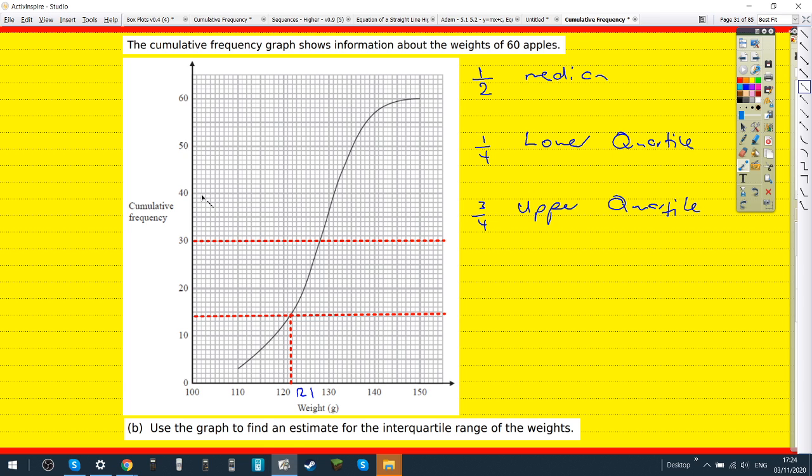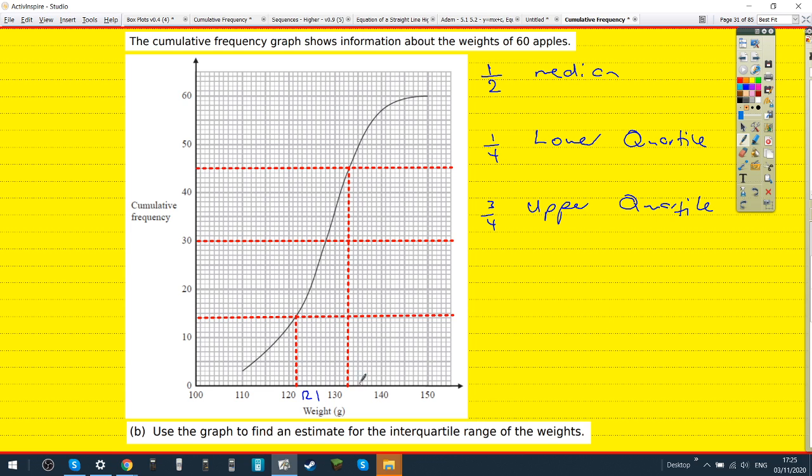Yeah. So that's 1, 2, 3, 4, 5. Go across, hit the line, go down. What does that look like? 132.